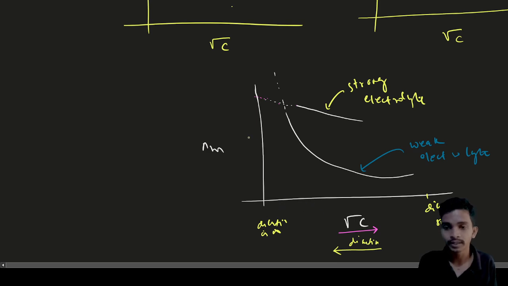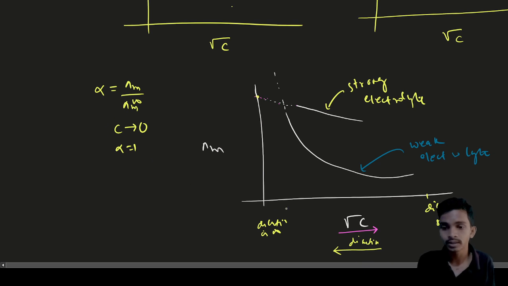At infinite dilution you see that the value of molar conductance increases. So alpha equals molar conductance at any dilution divided by molar conductance at infinite dilution. When concentration tends to 0, alpha equals 1, as we discussed in the previous class.